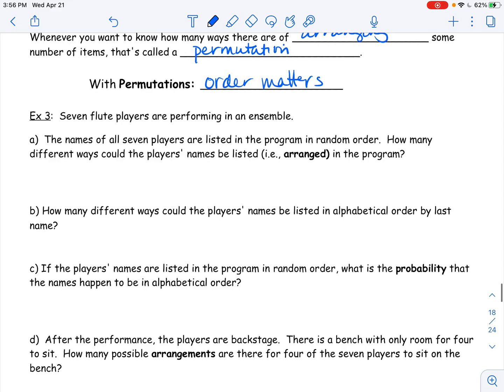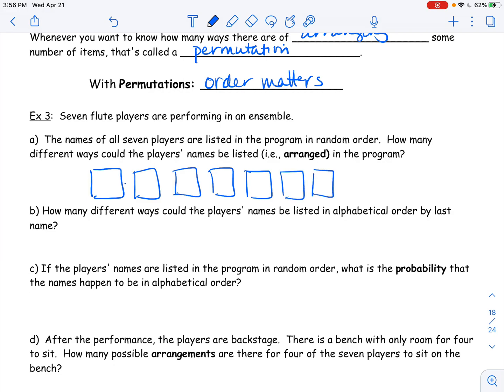Example 3, 7 flute players are performing in an ensemble. The names of the 7 are listed in the program in random order. How many different ways could the players' names be listed? Okay, so if I'm going to name all 7, we're going to be multiplying these. I have 7 options for the first name.